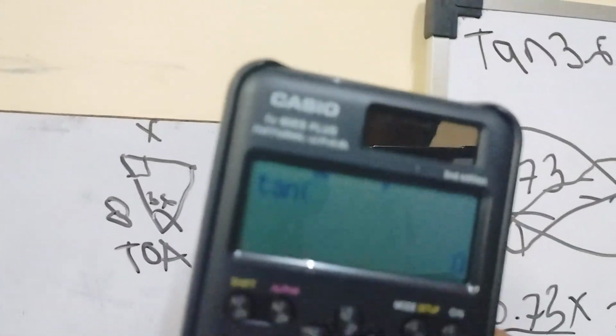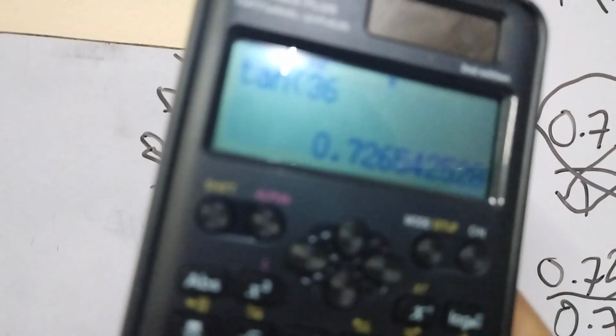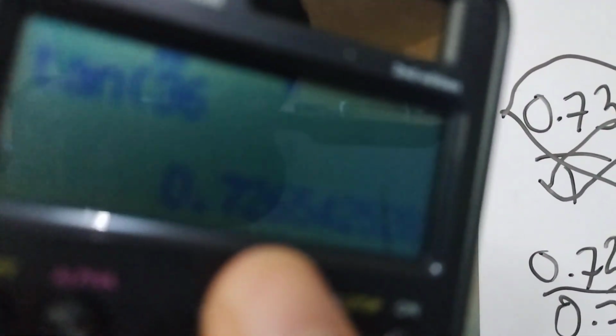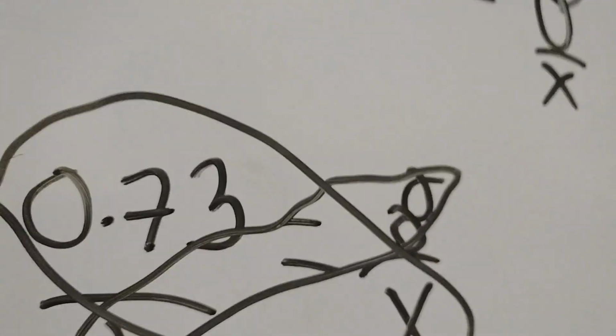Tangent 36 is 0.73. It's 0.73 because we rounded this off already. And same steps. Boom chakalaka, transfer this here. Put a 1 value so you can cross multiply.